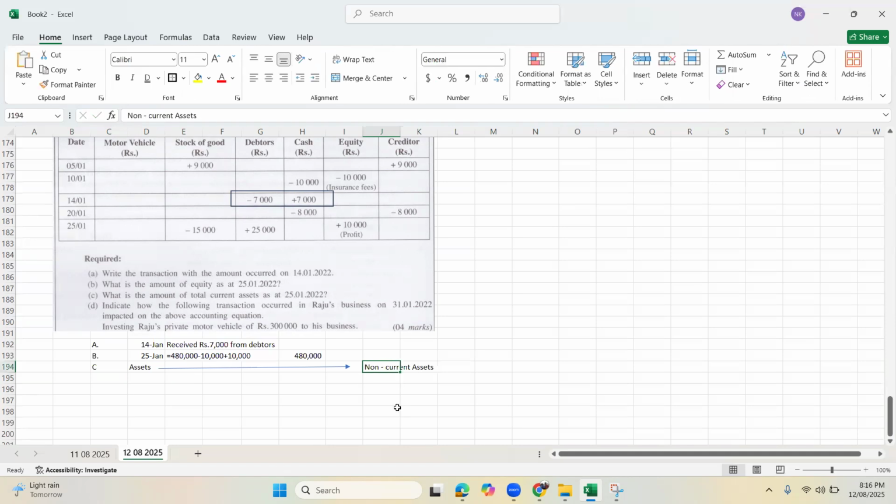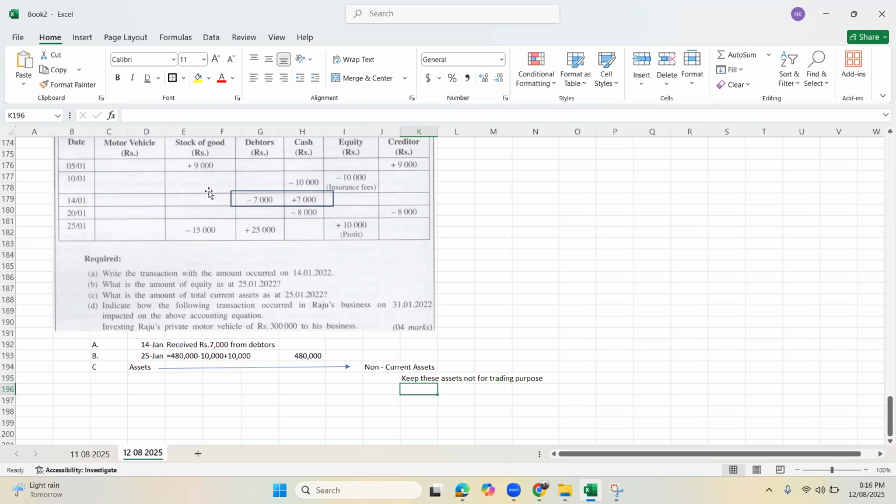Non-current assets means we are keeping these assets for business purposes, not for trading purposes. Keep these assets not for trading purpose. Right?